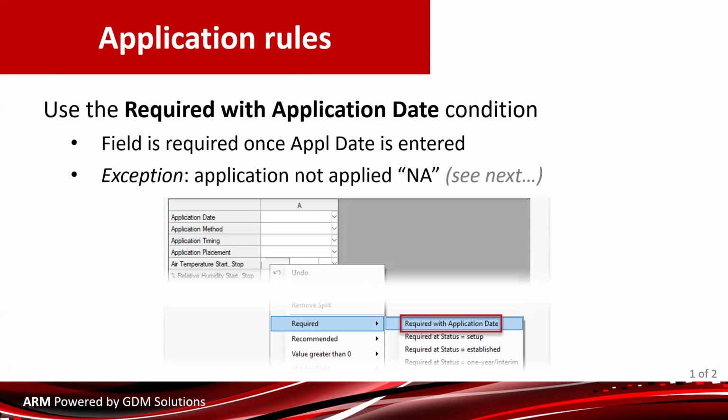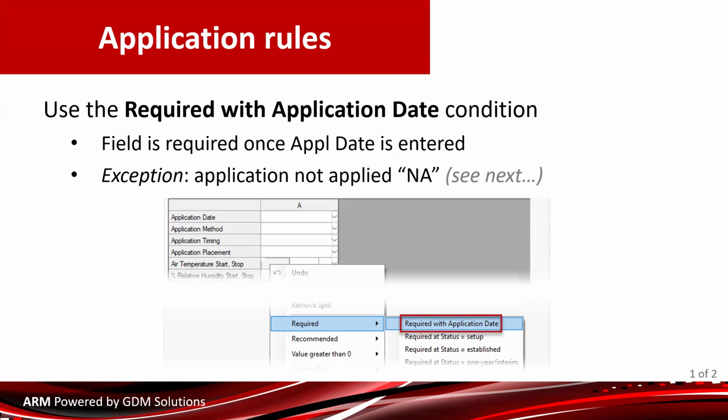Next one here, we saw this with the assessment rules. I do just want to point out that if you have a study rule related to an application, you have an option when you're defining that rule to require it with the application date.